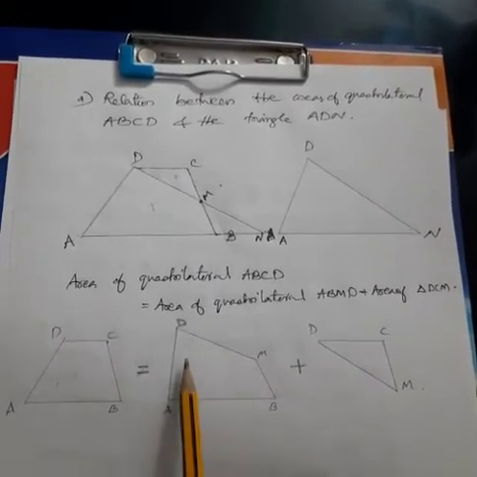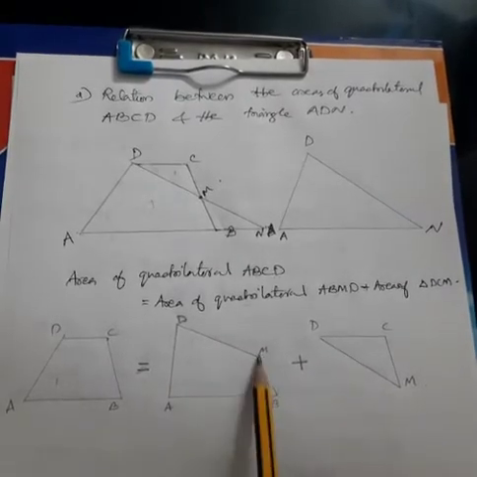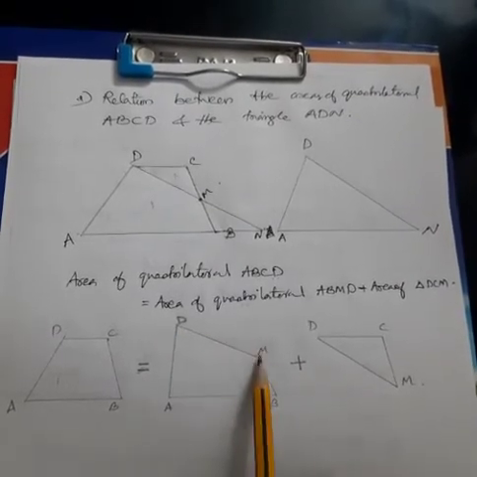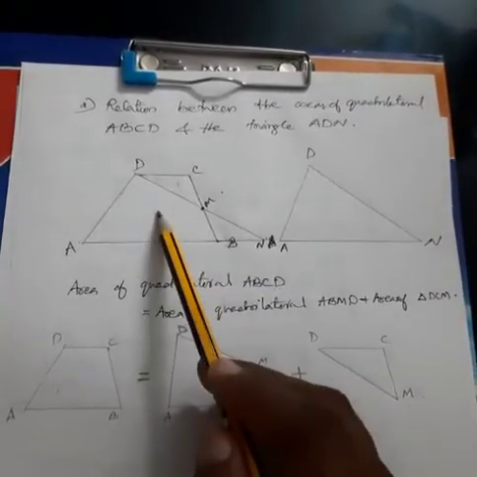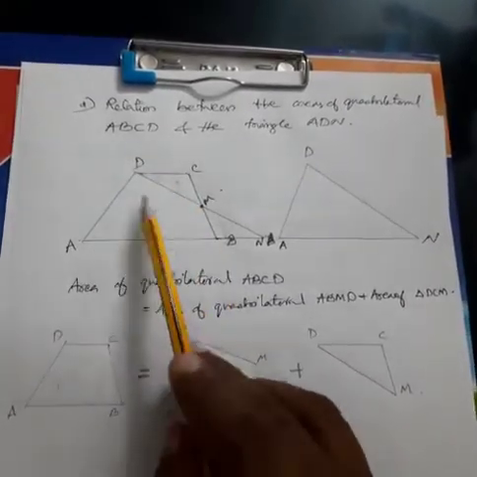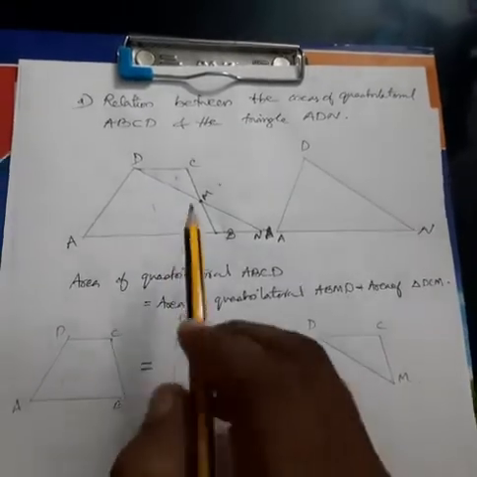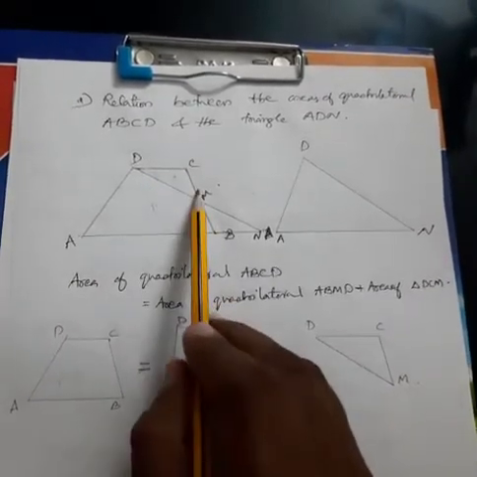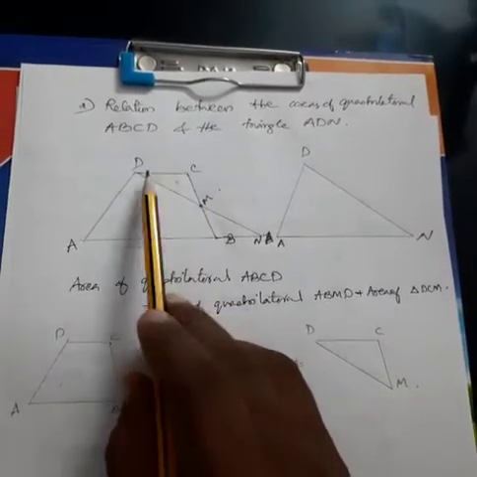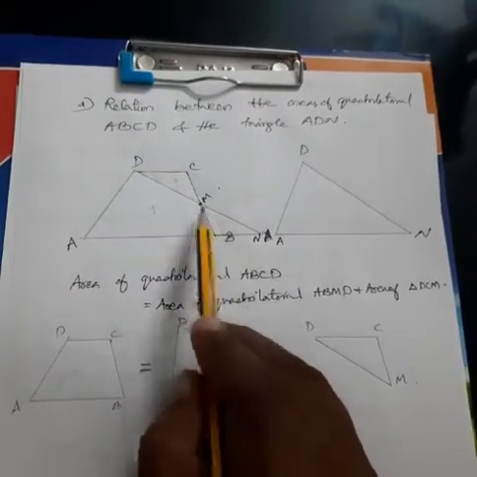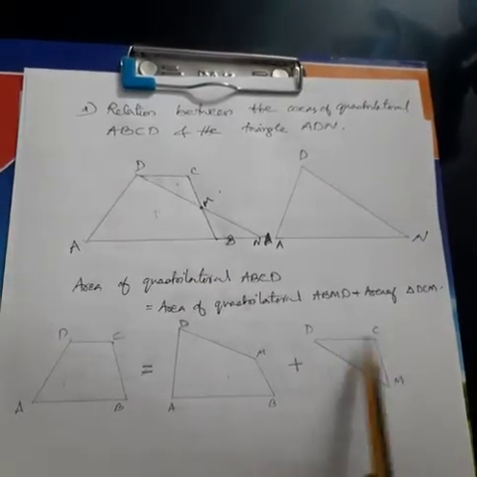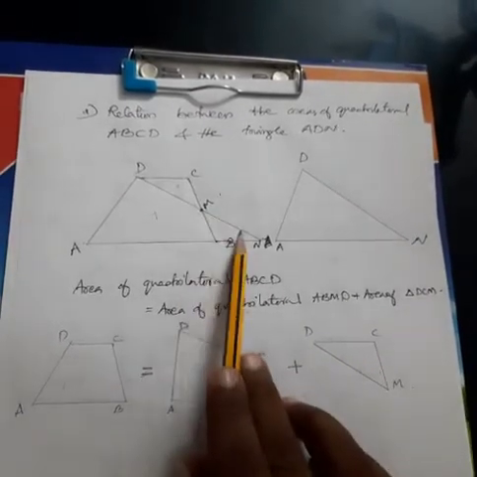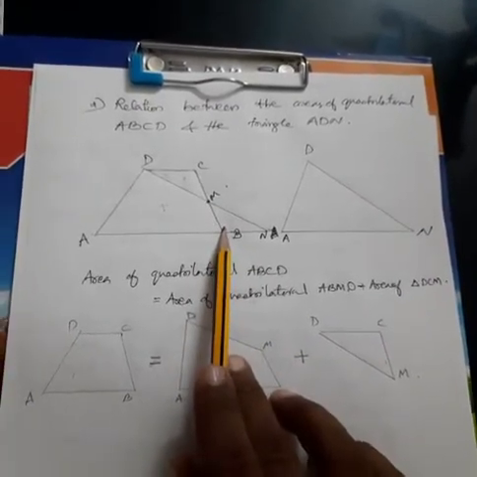So from that, ABMD plus the upper triangle DCM, these two should be added. You will get the total area of the quadrilateral. And one more thing, we already found that DCM is equal to BMN. These two triangles are equal. So instead of DCM we can add BMN.